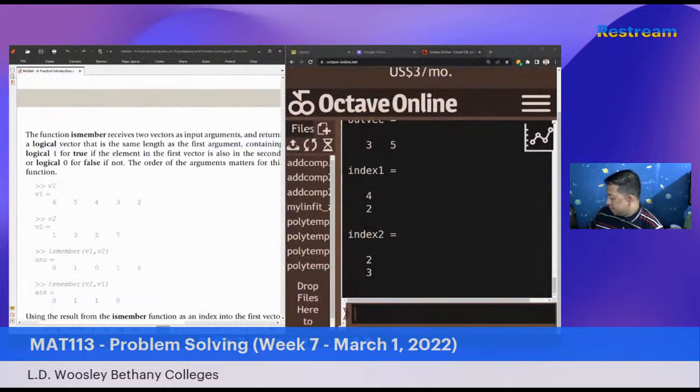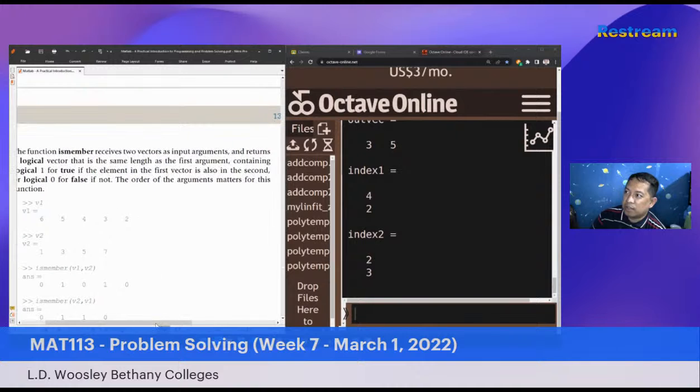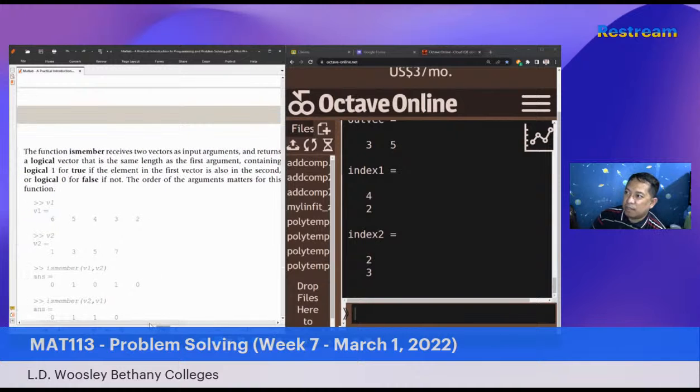Okay, welcome back. Then another function here is ismember. It receives two vectors as input arguments and returns a logical vector of the same length as the first, containing logical one for true if the element in the first vector is also in the second, or logical zero if it's false.